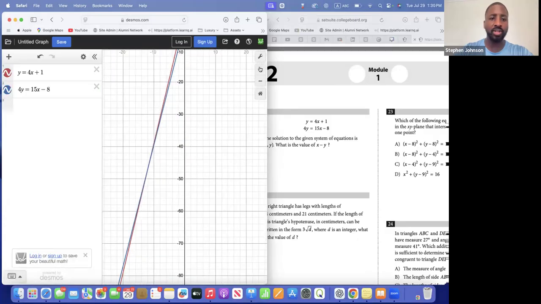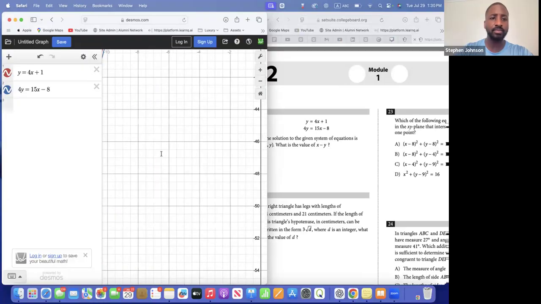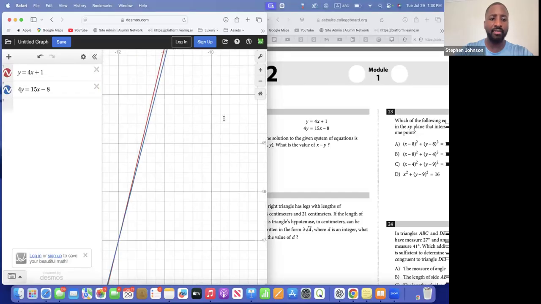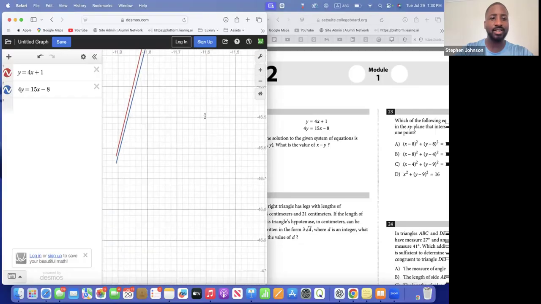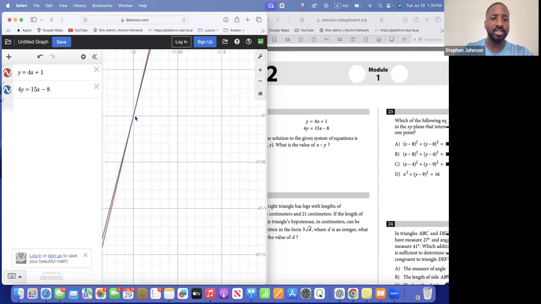We're always looking for the point of intersection when we have a system of equations. I can't really tell, so I'm zooming out and moving my graph around to find where these two lines cross each other. Okay, perfect. Looks like it found it for me right there.